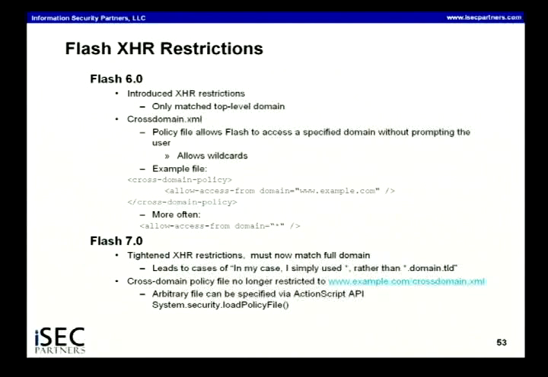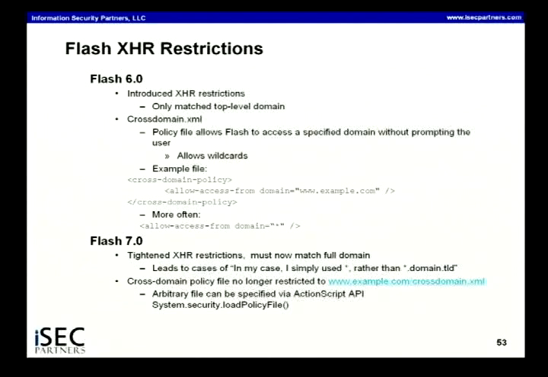So, since there are all those restrictions on the XML HTTP object, why not bypass it with Flash? So that's what some web developers thought anyway. With Flash 6.0, basically you can go to arbitrary sites and bypass those restrictions. Those restrictions are configurable by a policy file, they decided, which is going to be crossdomain.xml.